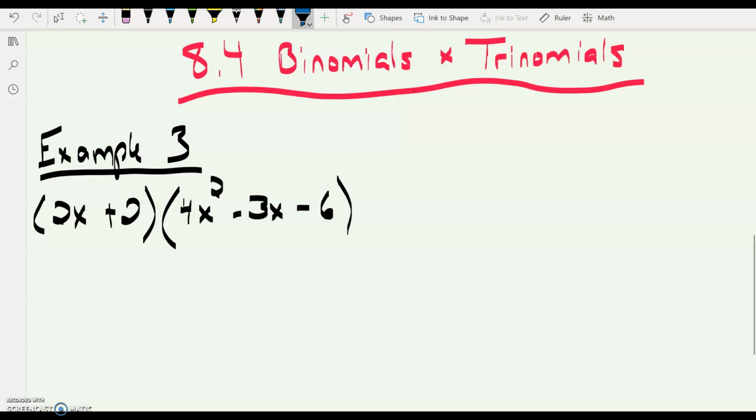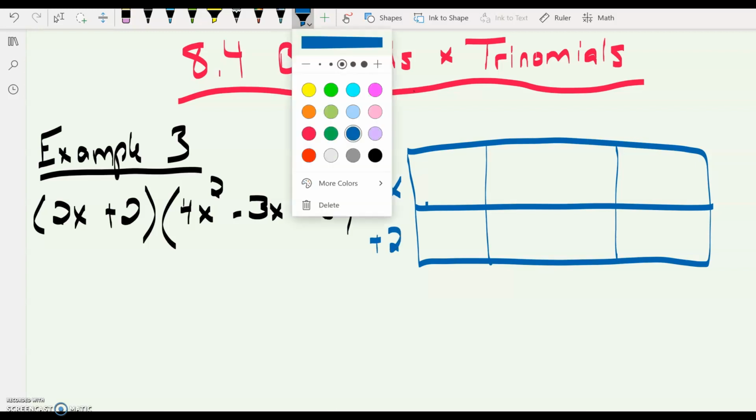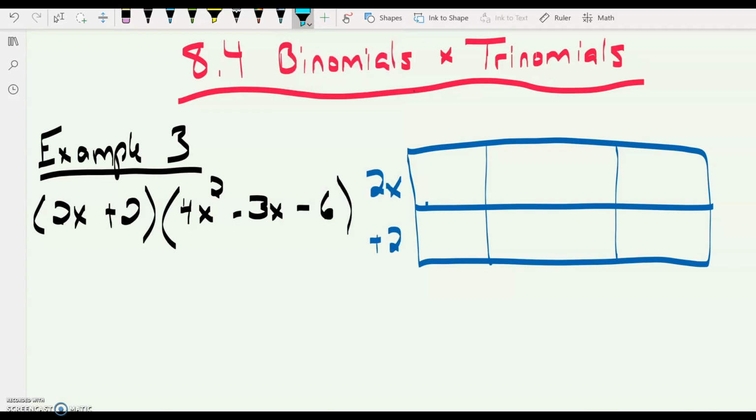Okay, so again, this is going to be a 2 by 3. It's a binomial times a trinomial. So we'll draw our little area model. We have 2x plus 2 right here, and we have 4x squared minus 3x minus 6.